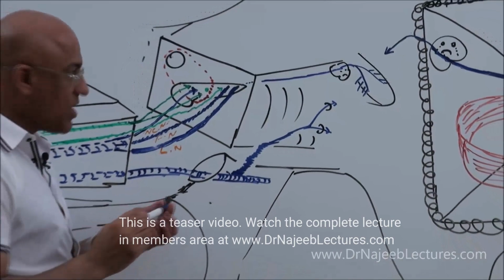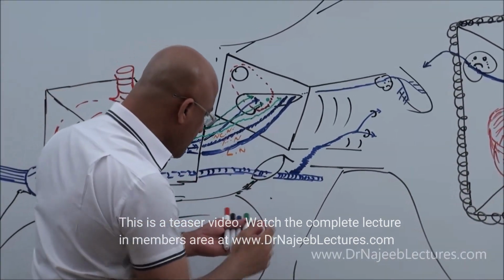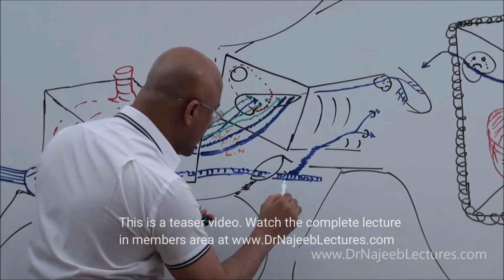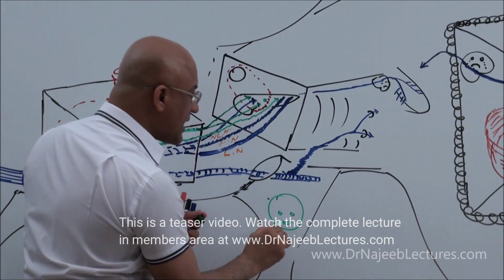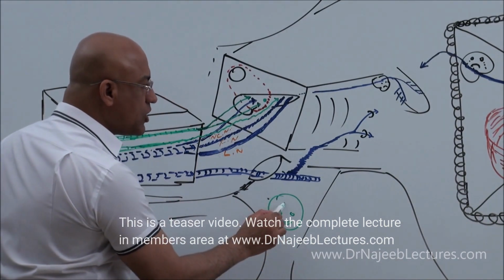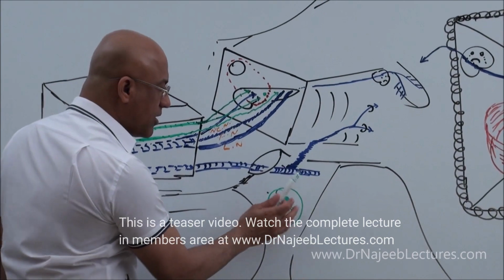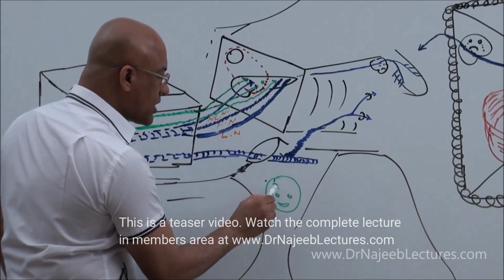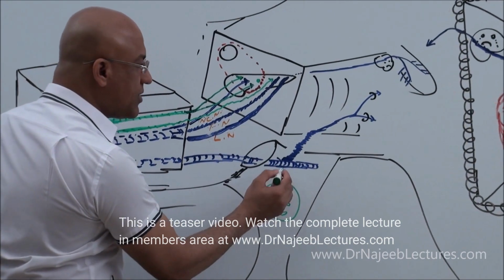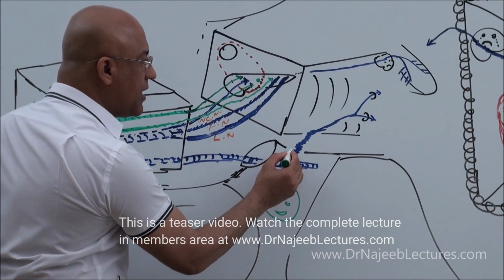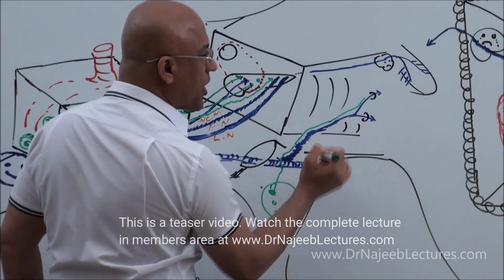Is it clear? Yes. Why did I draw this diagram? You remember there is a ganglion here, the pterygopalatine ganglion, right? From the pterygopalatine ganglion, post-ganglionic parasympathetic fibers go to the maxillary nerve, then the zygomatic branch, and then the zygomatico-temporal branch.